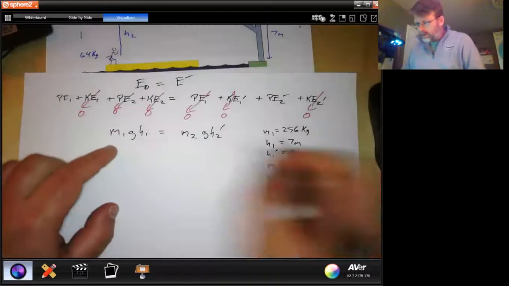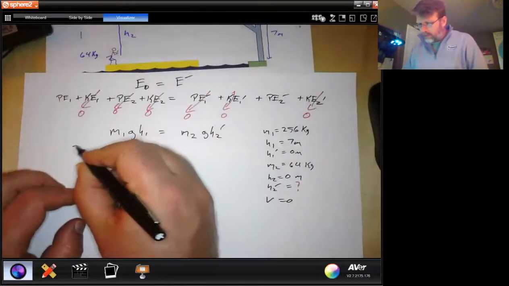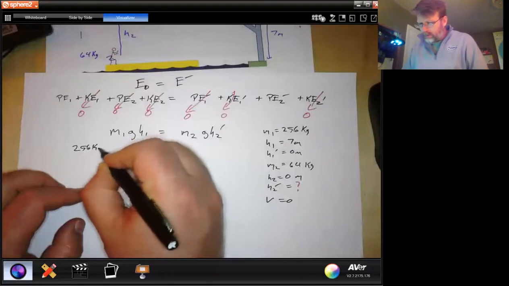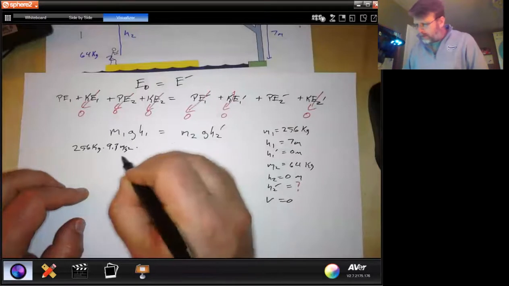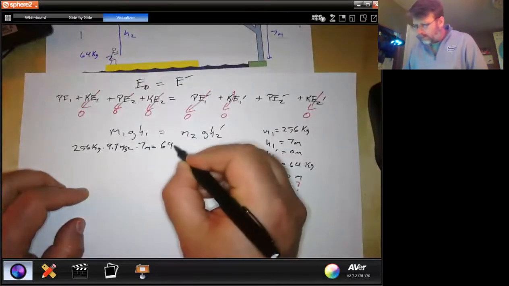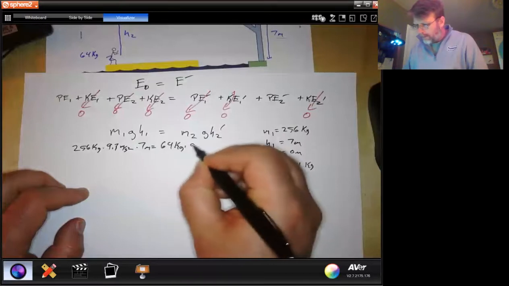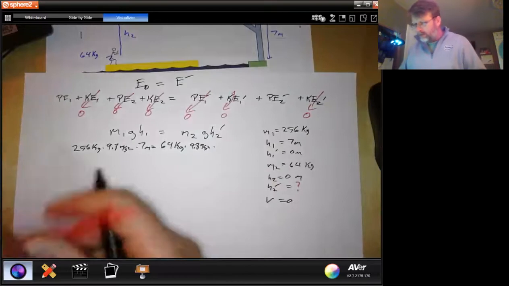Okay, so now if that's true, then we can say that 256 kilograms times 9.8 times 7 meters equals times, and that's what we're looking for.